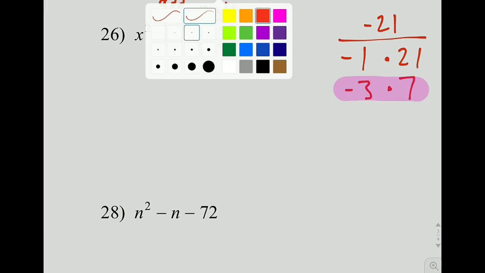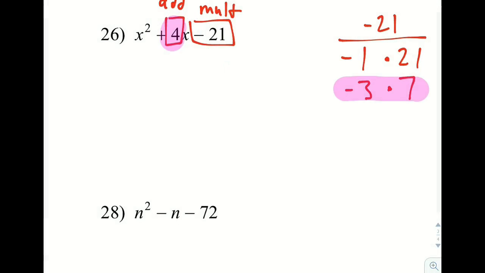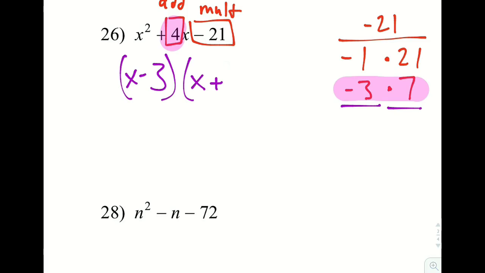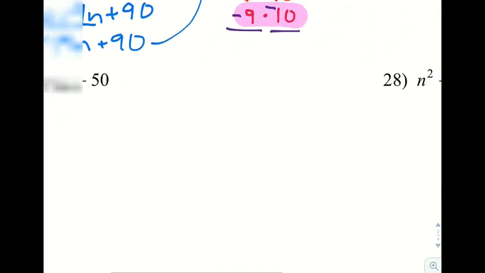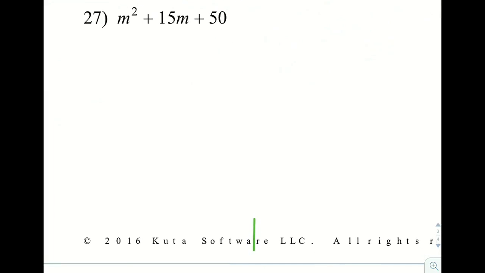So I go straight to my answer, which is x minus 3, and then x plus 7, positive 7. Again, if I were to distribute this out, you would find that it would get back to where I started. You are always welcome to check your answers that way. It's a great way to check your answer. Do a couple more if you feel like that would help you.